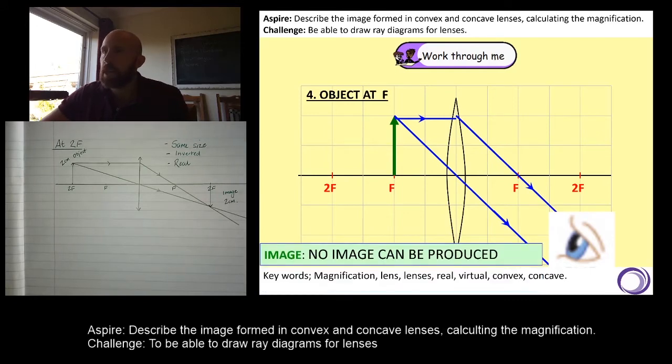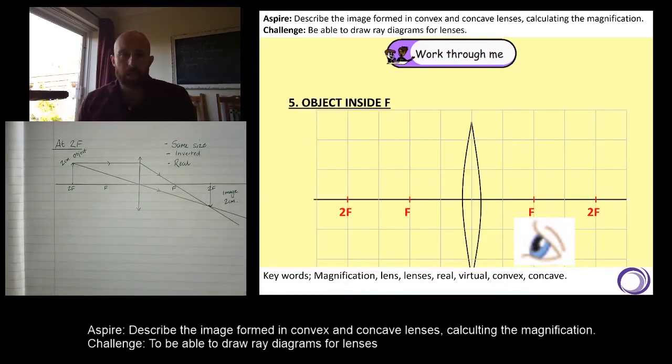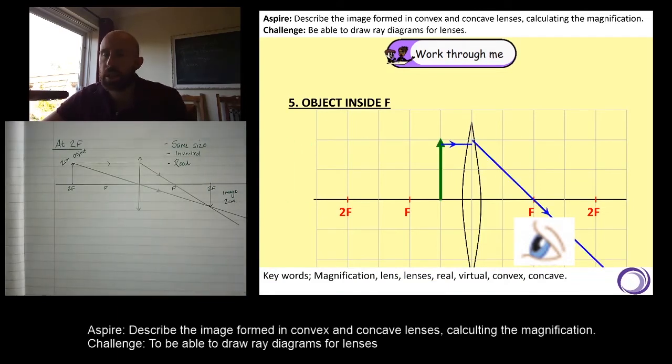Okay. Right, now this one, object inside F, this is the one which will have looked a bit strange. So we do that line through the principal focus. We do this line that goes through the center of the lens and the principal axis. And you see that they're never going to meet here. So if you now know how to correct this one, do it. What should happen is you should trace it back. You should draw the dotted lines behind, and then they will cross here.